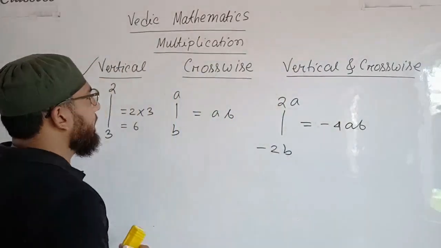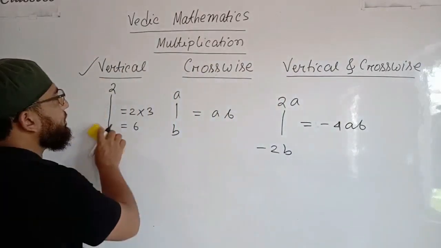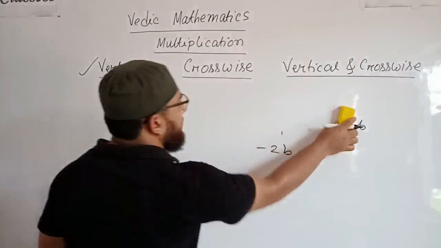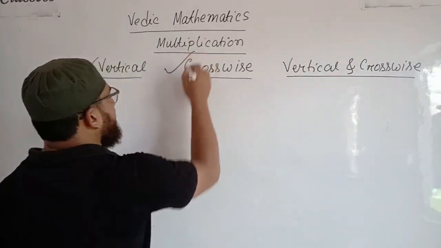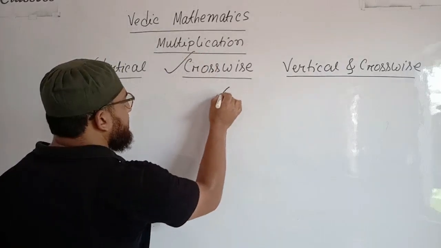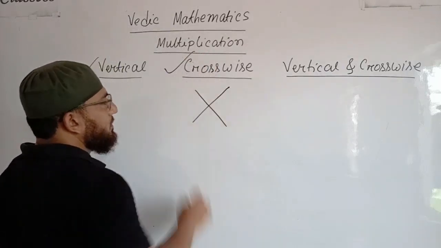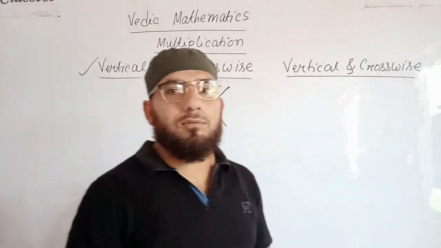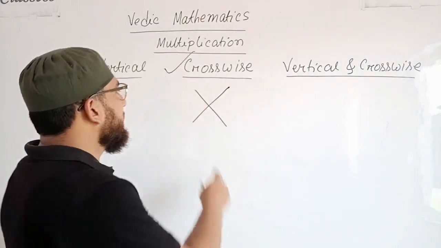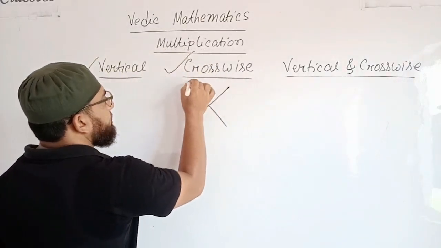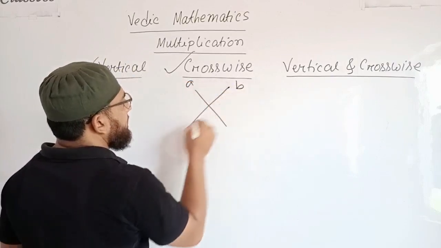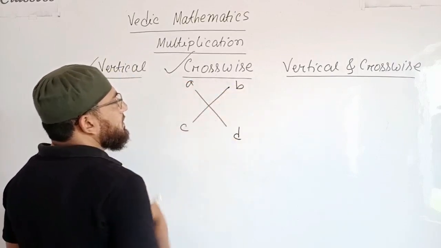Now move to the second one, which is crosswise. Crosswise multiplication of two-digit numbers: say you have A, B on top and C, D below.